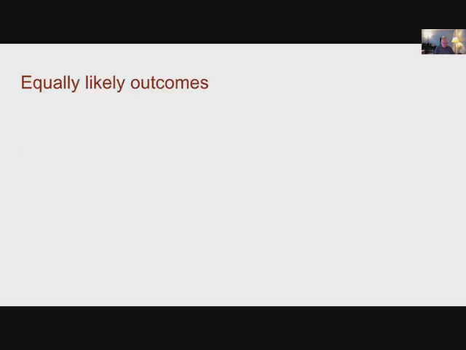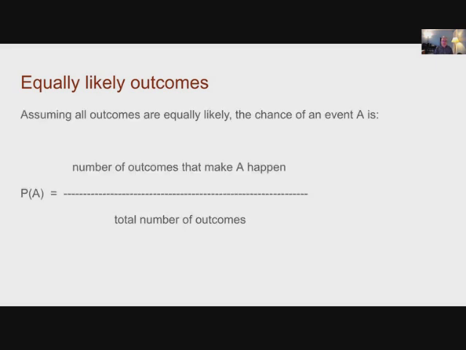Okay, so there are a couple of scenarios worth talking about, and one which happens fairly frequently is this idea of events having equally likely outcomes. The canonical example is flipping a fair coin or rolling a die. Assuming that the die is not loaded and the coin is fair, all outcomes are equally likely. To calculate the probability, you take the number of outcomes that make the event A happen.